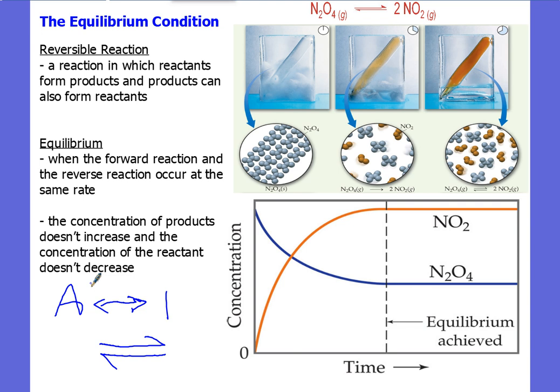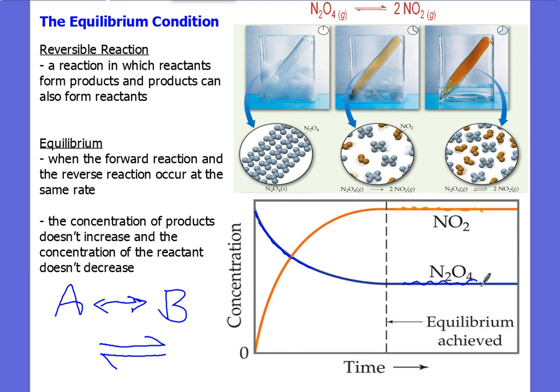The key is that as the reaction is occurring, and here on the picture we've got some of this compound, and it's reacting, and the amount of it is slowly decreasing. And what's happening to the products? They're increasing. And we reach a certain time in the future, and at this time, the amount of product and the amount of reactant is no longer changing.